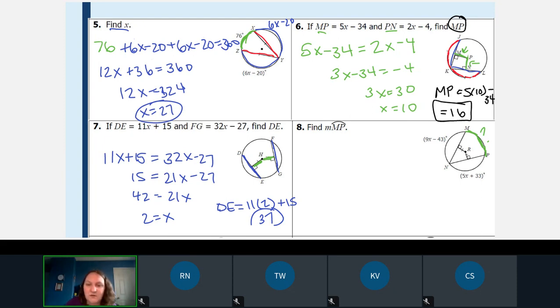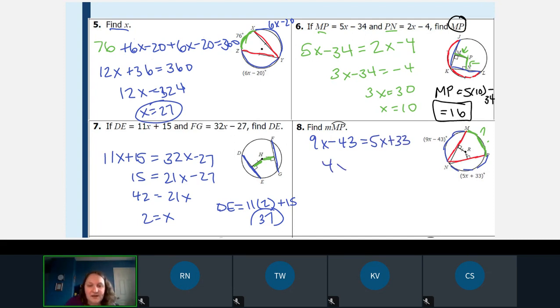Okay, so let's see. These chords are equidistant from the center. And if the chords are equidistant from the center, then their arcs are congruent. So I can say that 9x minus 43 equals 5x plus 33.